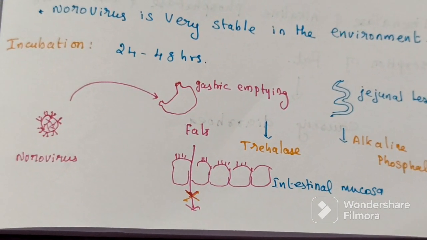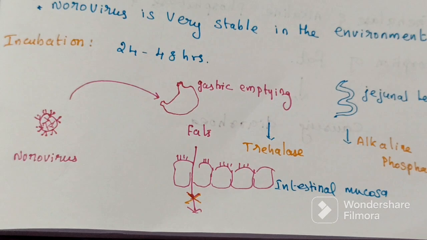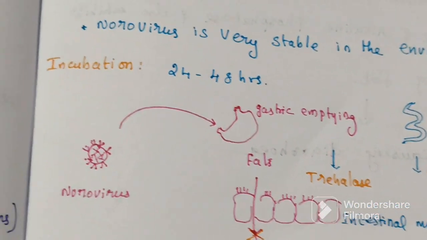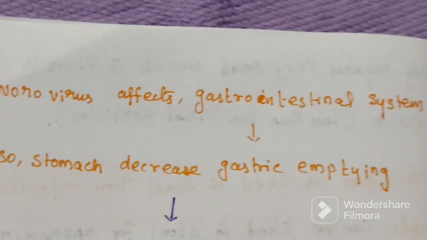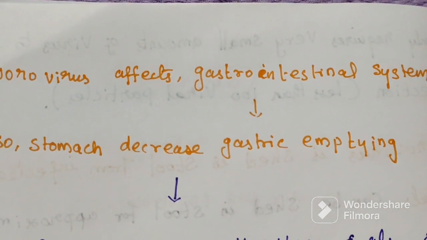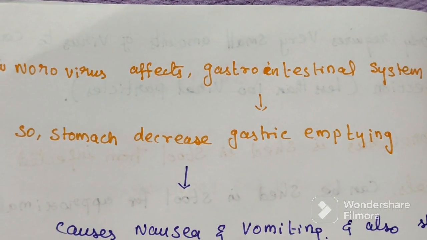How does norovirus actually infect and cause illness? It affects the gastrointestinal system first, the stomach and intestine.